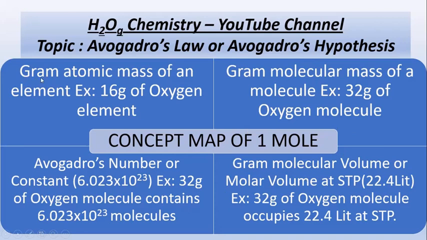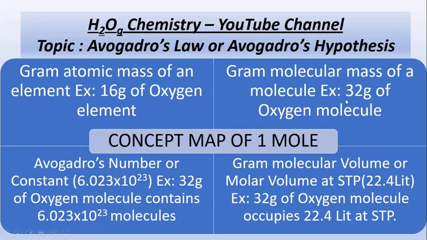So 1 gram atom or gram atomic mass of any element is equal to 1 mole. For example, 16 gram of oxygen element is nothing but 1 mole. Similarly, 1 gram of hydrogen, 14 gram of nitrogen all are equal to 1 mole. The gram molecular mass of a molecule is also equal to 1 mole.